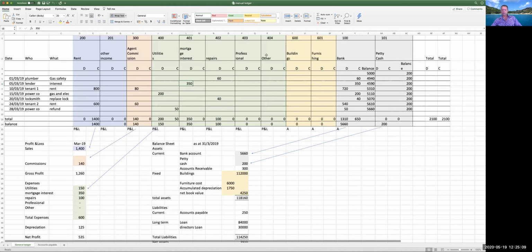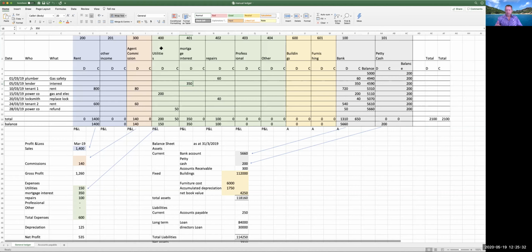But of course, you could have 15, 20, 30 different accounts here, depending on how detailed you want to see your business performance. So for example, where we've got utilities there, you could have 3 accounts there. You could have gas, electricity, and water.